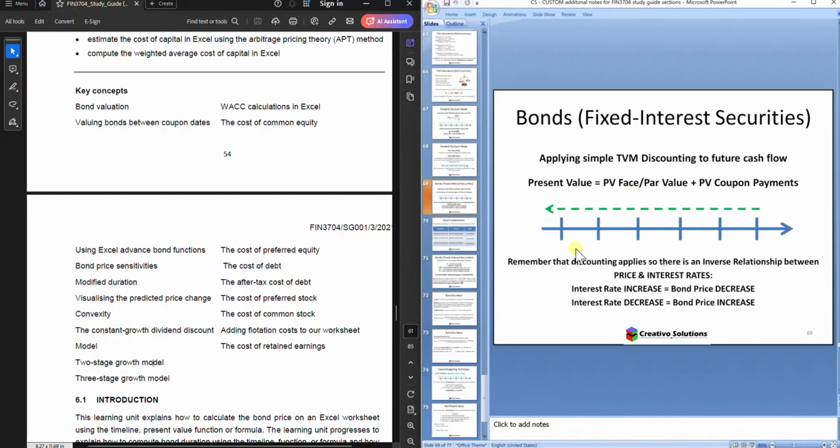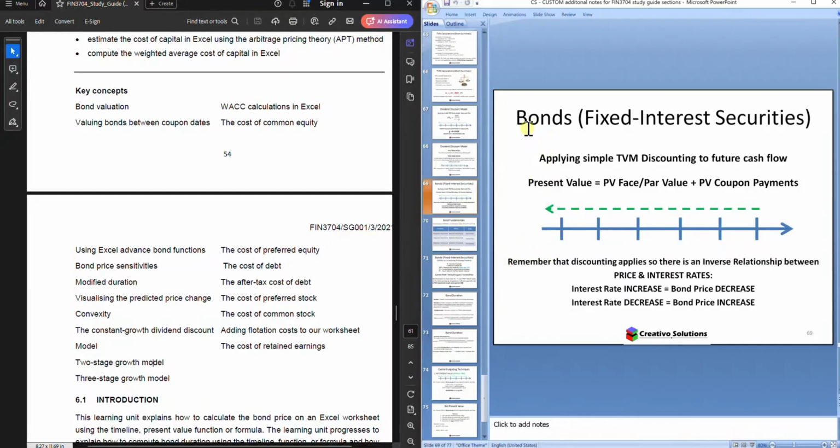So when a company issues a bond, they're basically creating this contract and saying, I promise to pay you coupon payments every single period for however long. It could be 20 years if it's a 20-year bond. And I'm going to return the face value of that bond at the end of the life of that bond. But today, there's going to be a price for this particular bond.